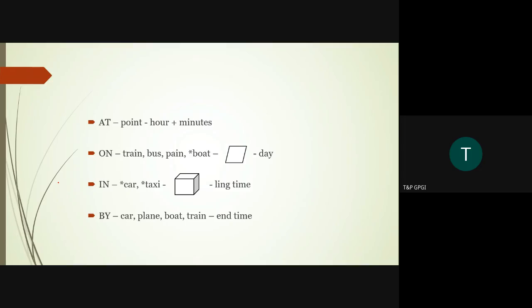The problem is that for transportation, at doesn't have anything. So let's go on to the next one, on. On is used for large vehicles or large ways of traveling, such as trains, buses, planes.